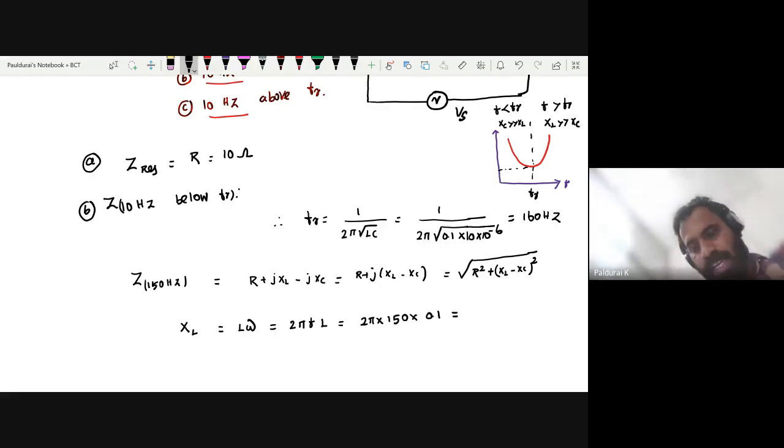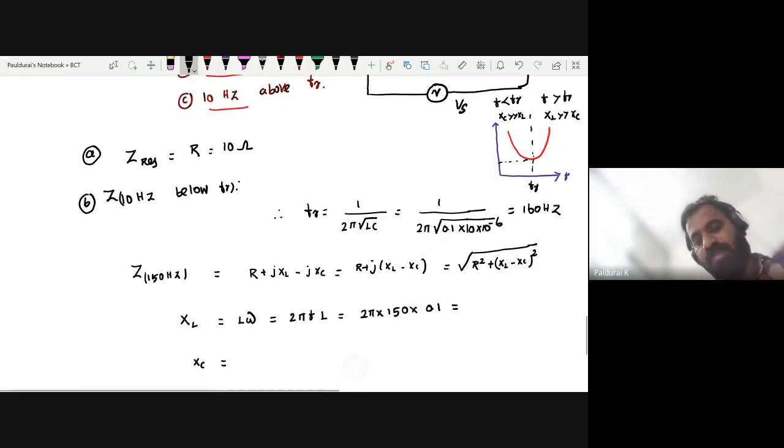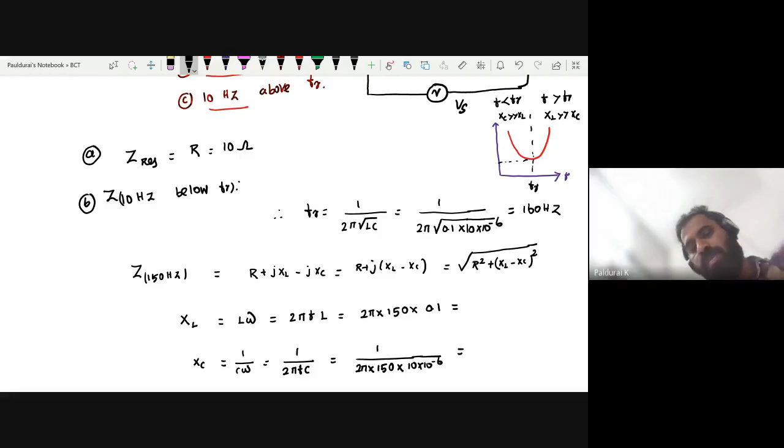Similarly, can you find XC? XC is 1 by C omega, omega equals 2 pi f, so 1 divided by 2 pi times 150 times C, 10 micro. Let me know both the values.